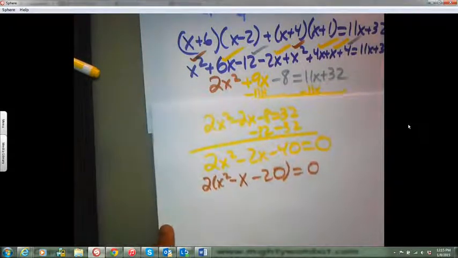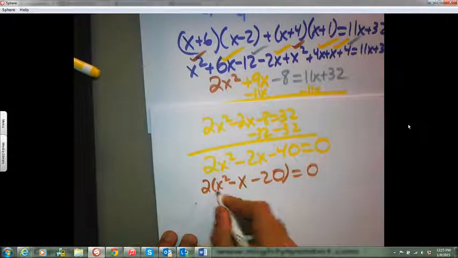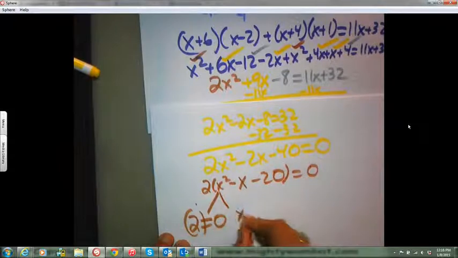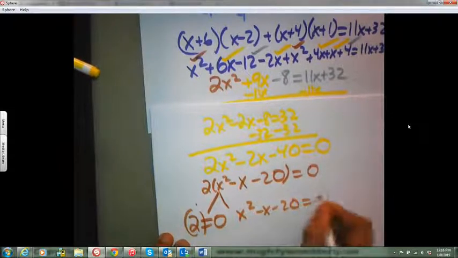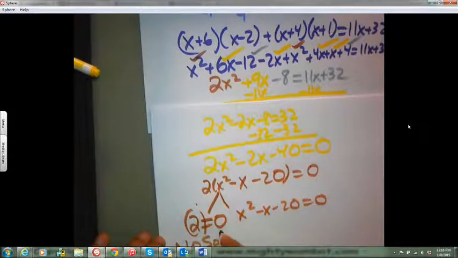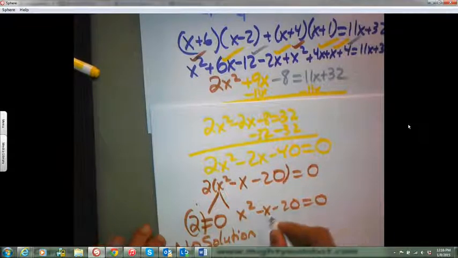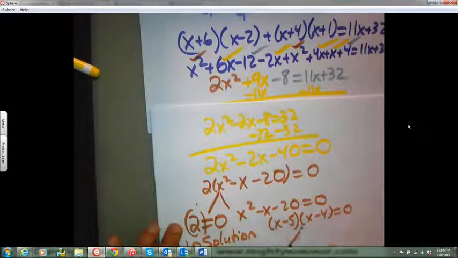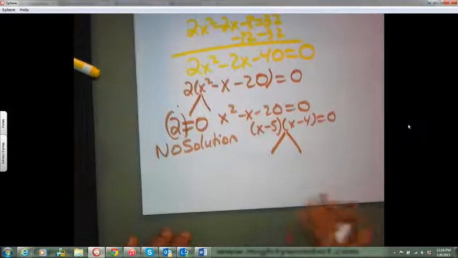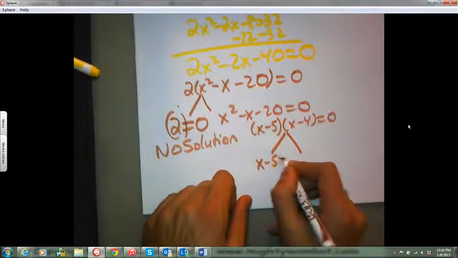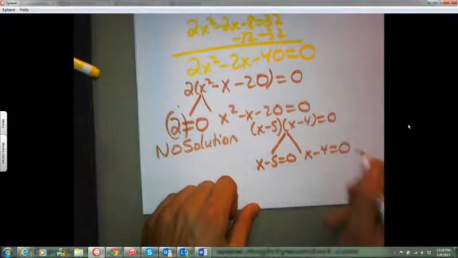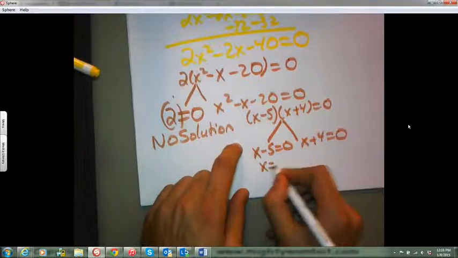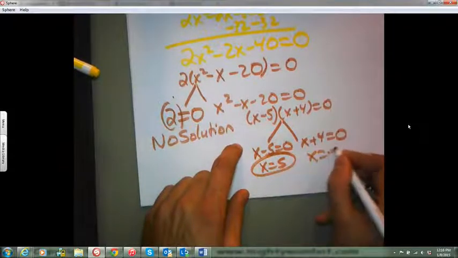Zero product property here. Zero product property again. Let me stop here with questions.